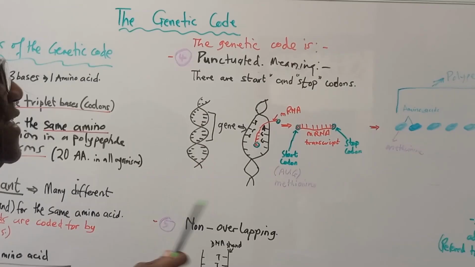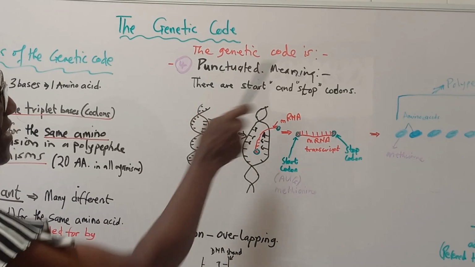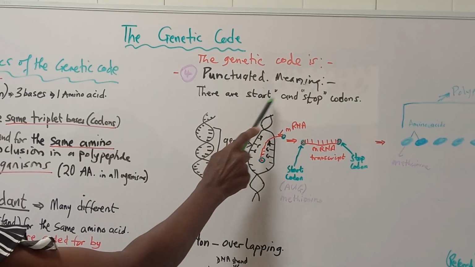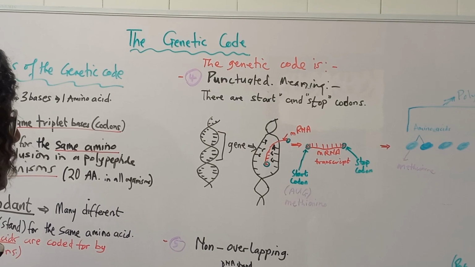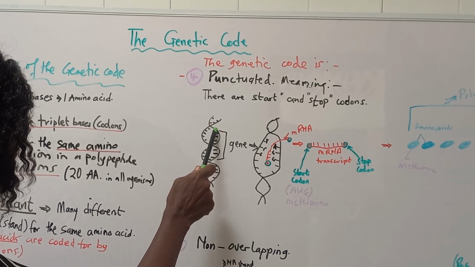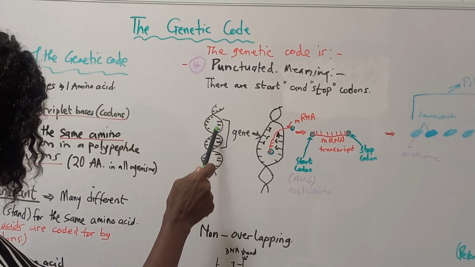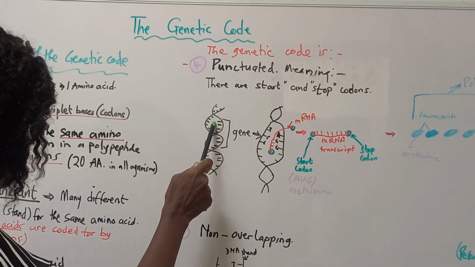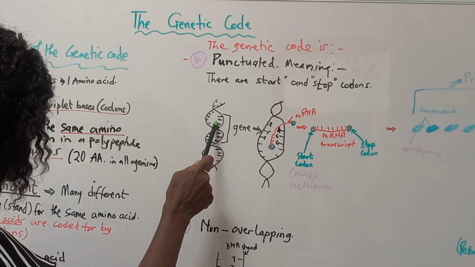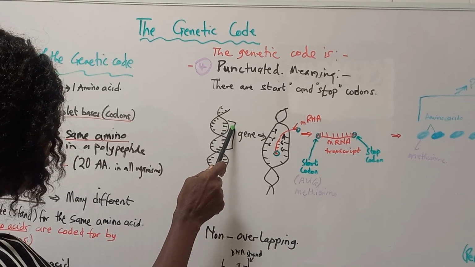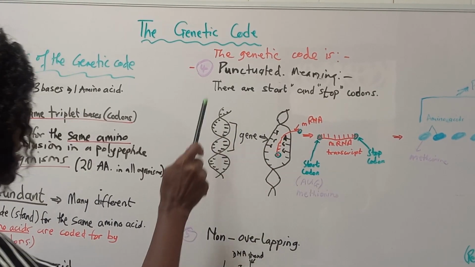Well, so the genetic code is punctuated, meaning there are start and stop codons. It means that if this is a gene, this gene is made up of triplets. That's codons, triplets. These three bases code for the inclusion of an amino acid.